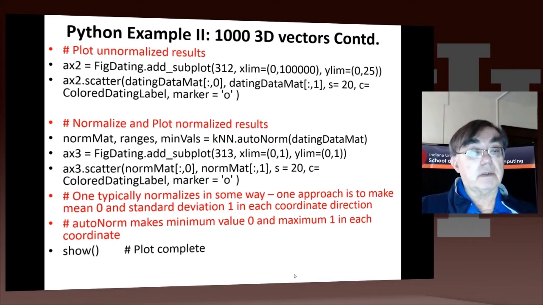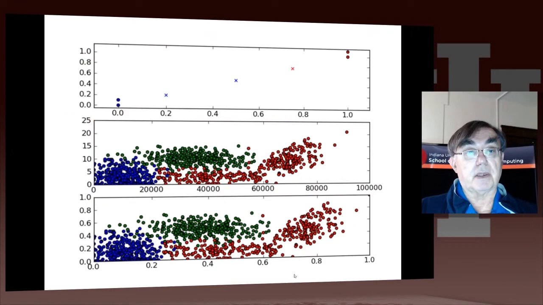This particular code here does something which is probably, at least in this example, equally good, which is to make the minimum value 0 and the maximum value 1 in each coordinate. That might not be quite so good, that second choice, if there was a wide variation in the values. But for this case here, where the values don't vary over drastically, that's a perfectly reasonable thing to do. So at the end of this show command, we actually have outputted the plot with its 3 subplots, which is what we saw when we ran the Python.